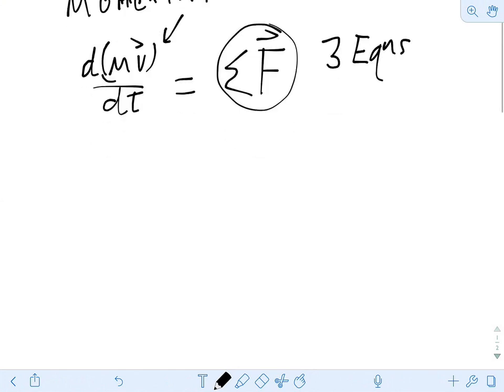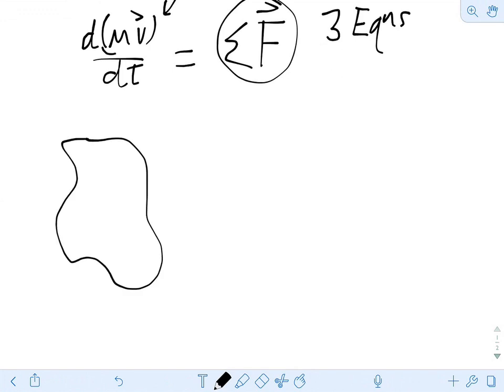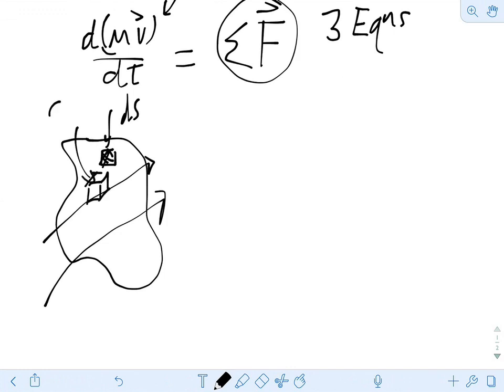Again, we have our control volume, some sort of tagged volume in space. Air is passing through that volume. The volume has a surface with a differential element size of ds. It's made up of infinitesimally small volumes of size dv.